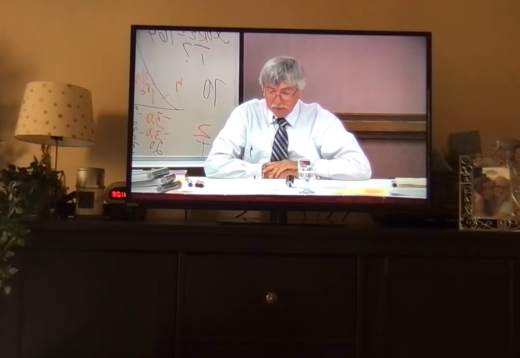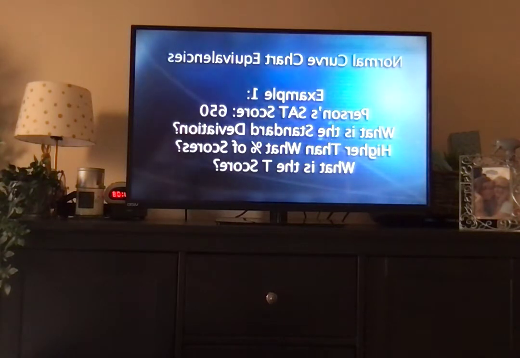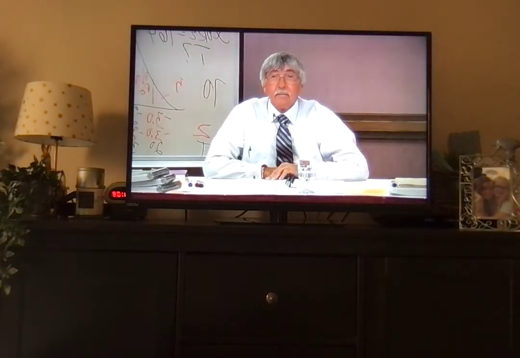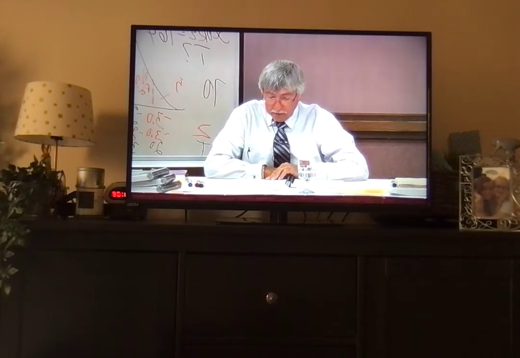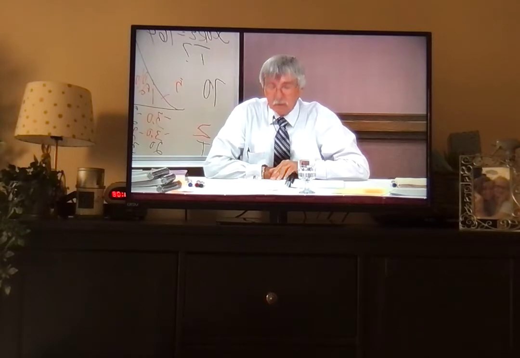These are all equivalencies. Let's assume we have a person with an SAT score of 650. How many standard deviations above the mean is that? 1.5, exactly 1.5. So that's what 650 would equate to, and for that person, higher than what percent of scores is that 650?